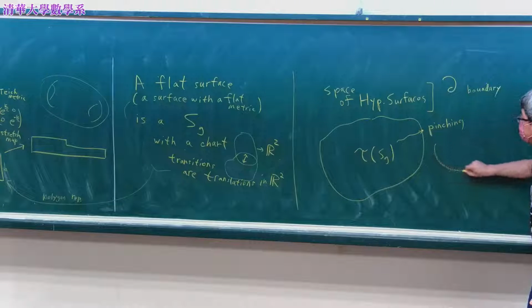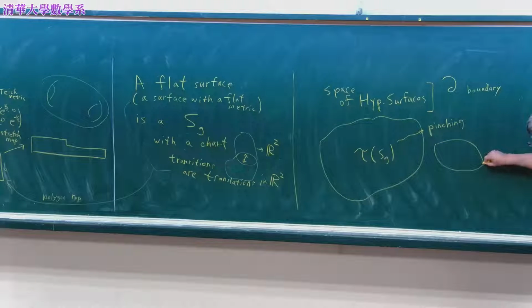So if you know what pinching is, when your hole is getting closer and closer to the edge, and then eventually it breaks off right here. So we say that this curve pinched, and now we're at the boundary.